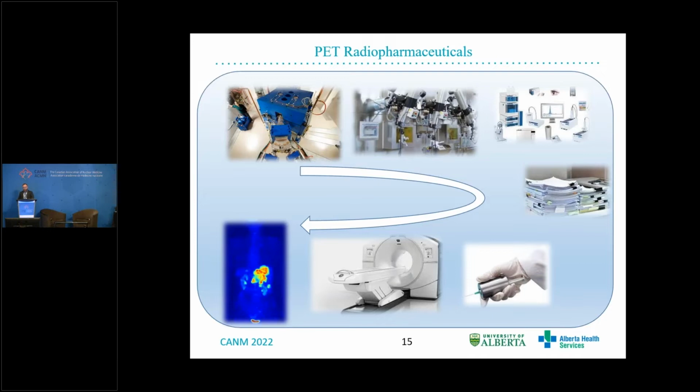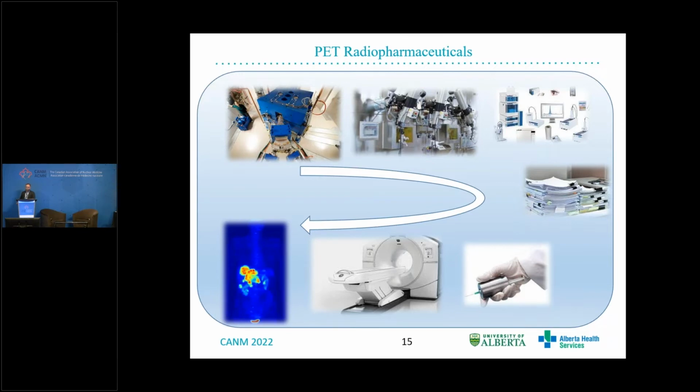So to make a PET radiopharmaceutical, we've got to go through the whole thing, starting with a cyclotron, because we need the radionuclide. We need a GMP lab with hot cells and synthesizers to make whatever radiopharmaceutical we're making.